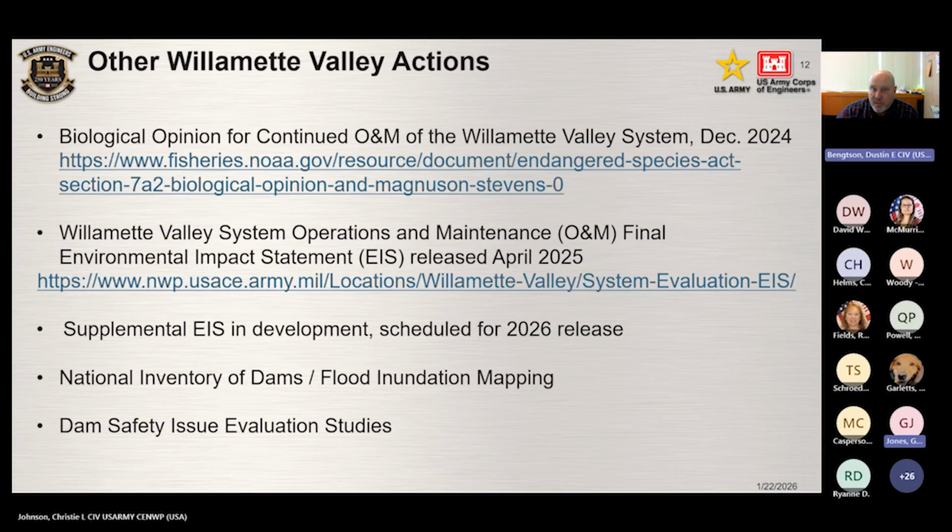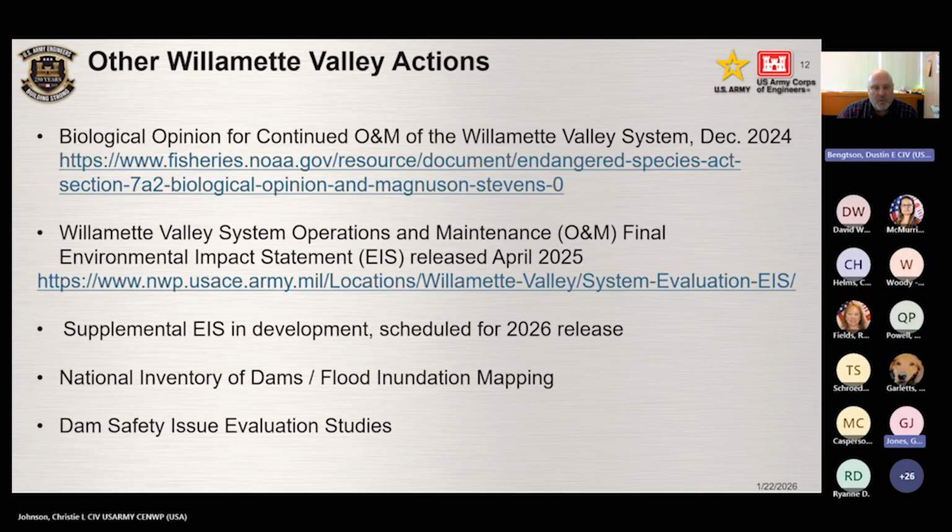And as a function of defining how we're going to operate the system, we received a biological opinion for the continued operations and maintenance of the Willamette system. And we have legal requirements around federally listed species, and most of you are familiar with those. Some of them anyway, salmon and steelhead being very visible and have been the driver for a lot of operational and structural changes we've made in the system over the last 20 or more years.